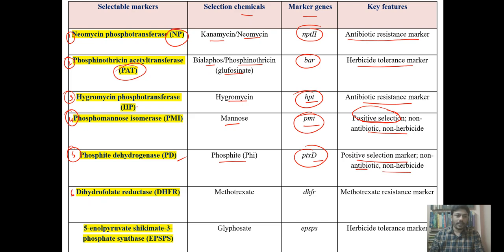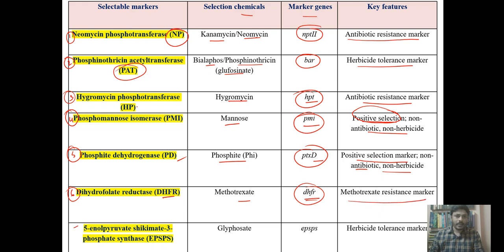Coming to the next, number six, that is dihydrofolate reductase, DHFR, and the selection chemical is methotrexate, and the marker gene involved for this selectable marker is DHFR, and it is known as the methotrexate resistance marker.